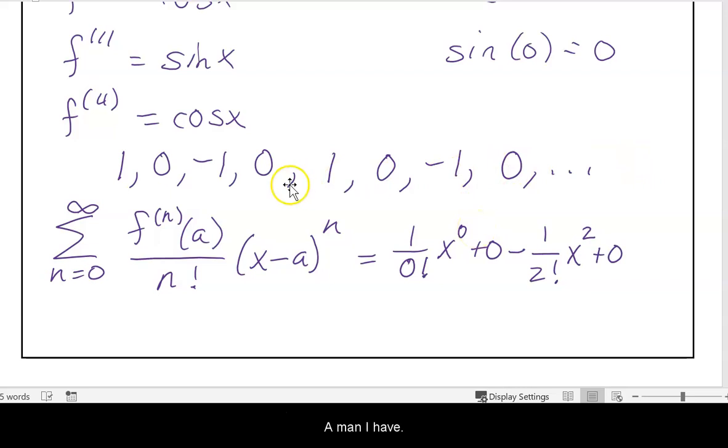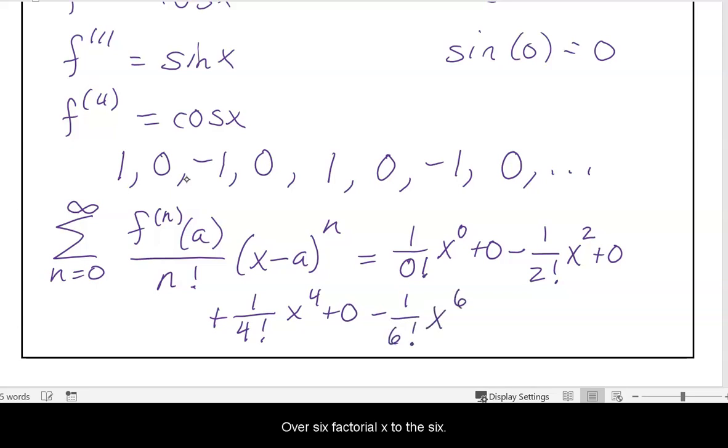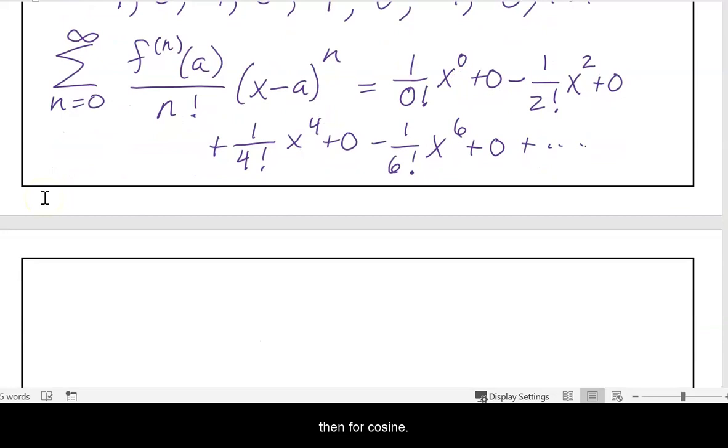And then I have, so 1, 0, negative 1, 0, 1 again. So then I have a plus 1 over, that's 3 factorial, so this is 4 factorial x to the 4th, and then 0 again. And then I have a minus 1 over 6 factorial x to the 6th, plus 0, plus dot, dot, dot. So let's write out the formula then for cosine.